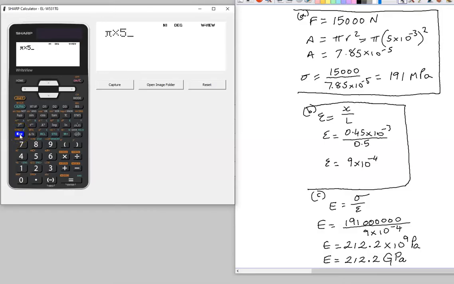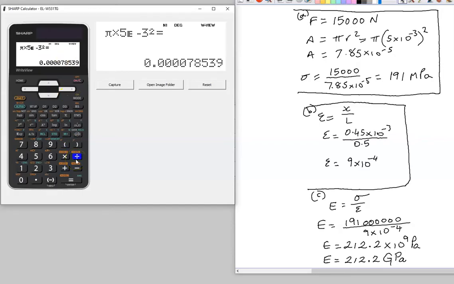You get an E coming up, that's 5 to the power of. Don't press this minus, use this minus, to the minus 3, and we're going to square that, equals, and you can see here that it is in normal number format.